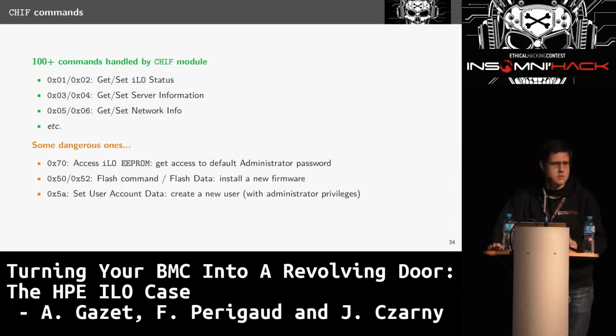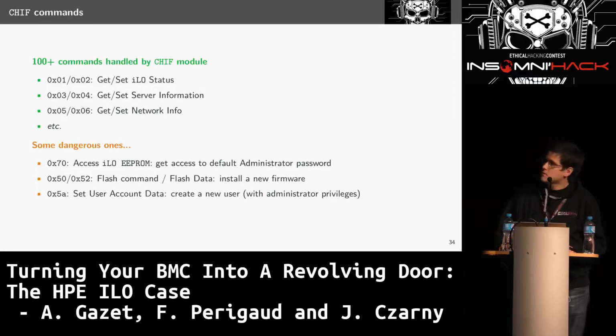And it's quite interesting because usually this password is never changed by the administrators. They prefer to create a new administrator account with a new password. The main reason is that the default administrator password is written on a sticker on the server. So if you forget the password of any other account, you still have this one to use. So it can be useful.